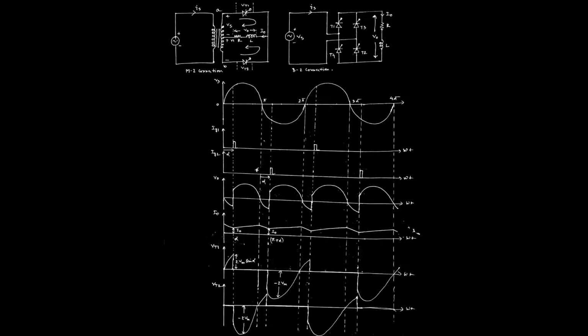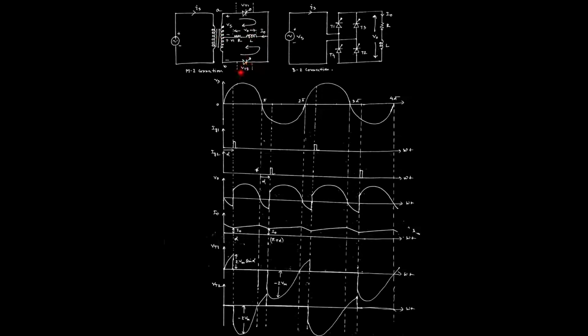But in both cases, it has been noticed that the voltage appearing across the load is the same, because when thyristor T1 conducts during the positive half cycle, the polarity of the load voltage VO will be positive at the top and negative at the bottom, and the current is flowing from right hand side to left hand side.